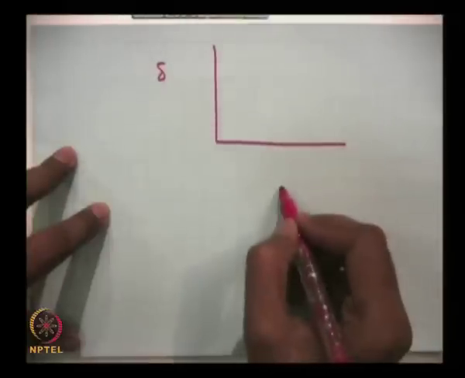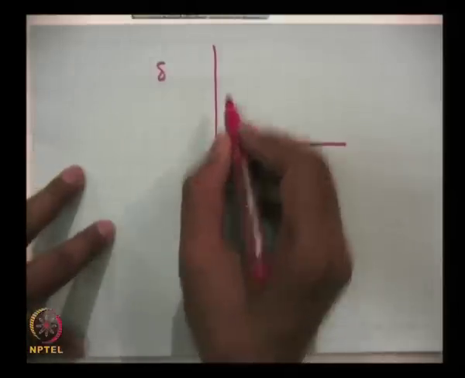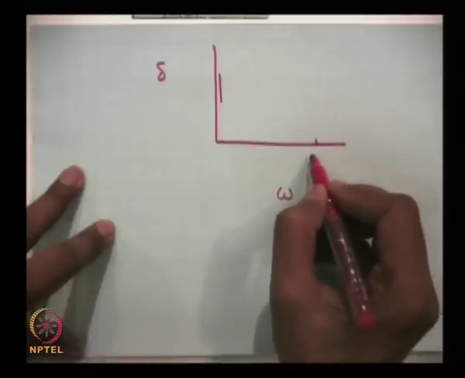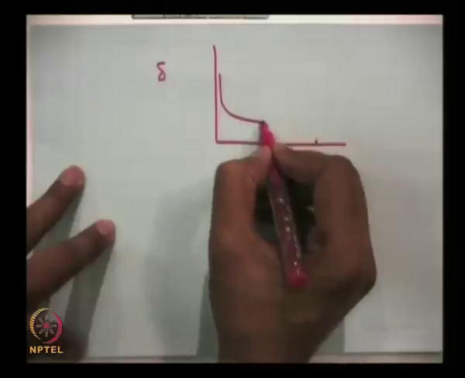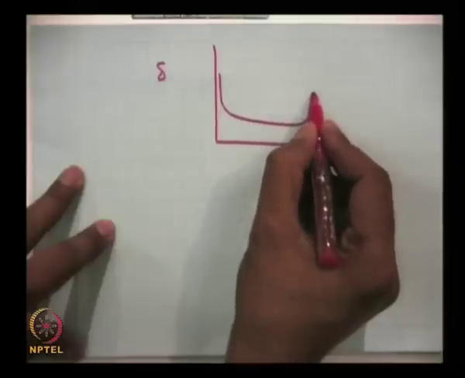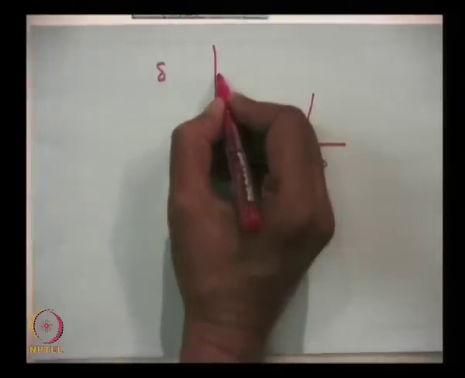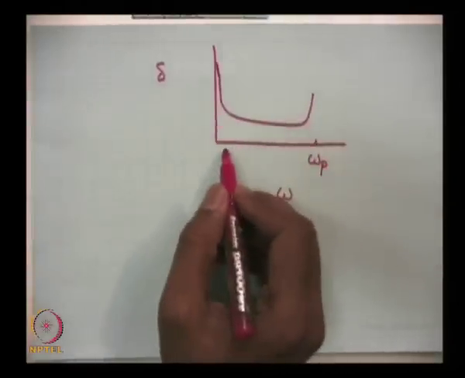delta versus omega, at very low omega this will be large, and as omega approaches omega p, again this will be large. This is actually a logarithmic plot kind of thing.